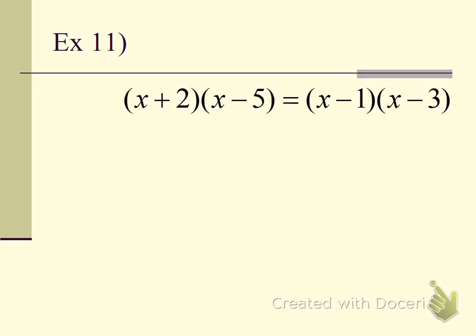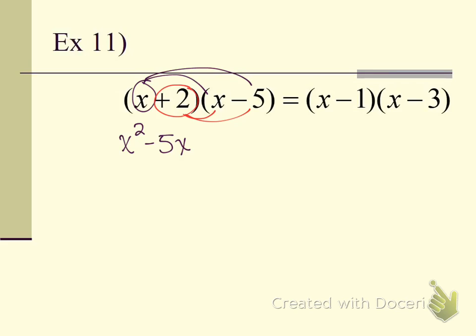So on the left side, I've got to distribute my x to x and negative 5. X times x is x squared. X times negative 5, whoa, negative 5x. You're getting ahead of us.